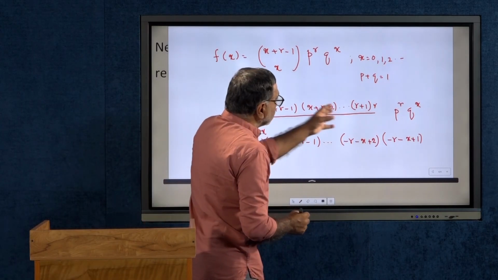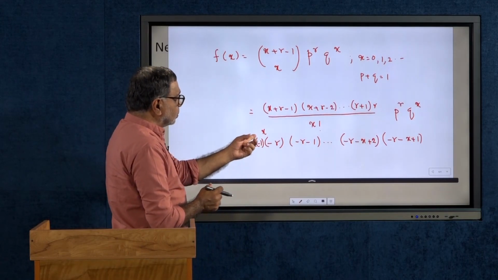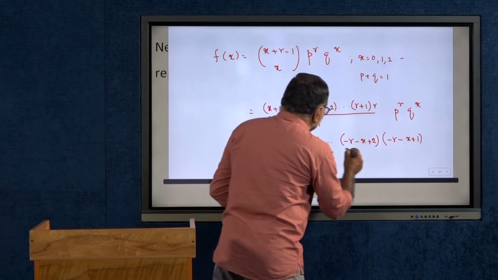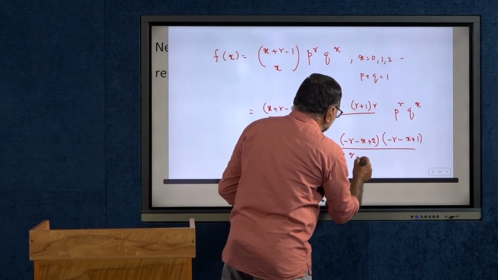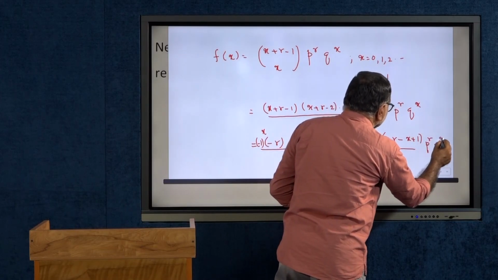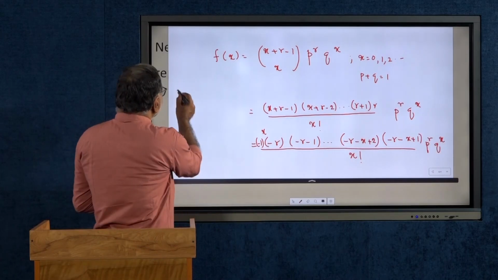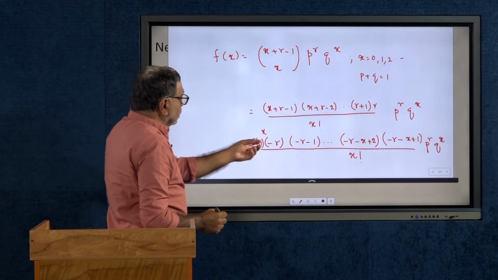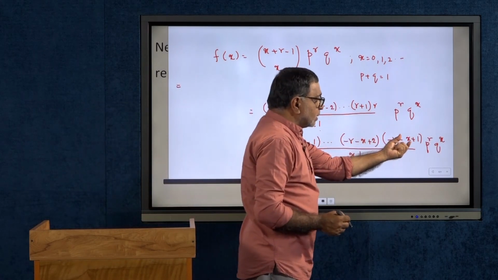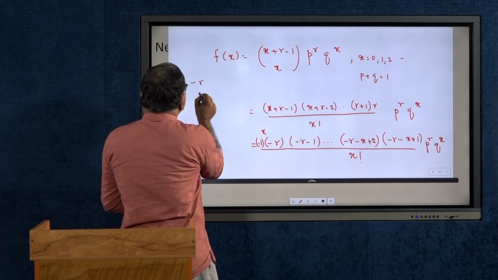With all the factors, let me multiply by minus 1 to reduce that, that is minus 1 power x. This way you can write the whole thing divided by x factorial, p power r q power x. And this is equal to minus r, minus r minus 1, etc., up to minus r minus x plus 1, divided by x factorial, which can be written as minus r C x.